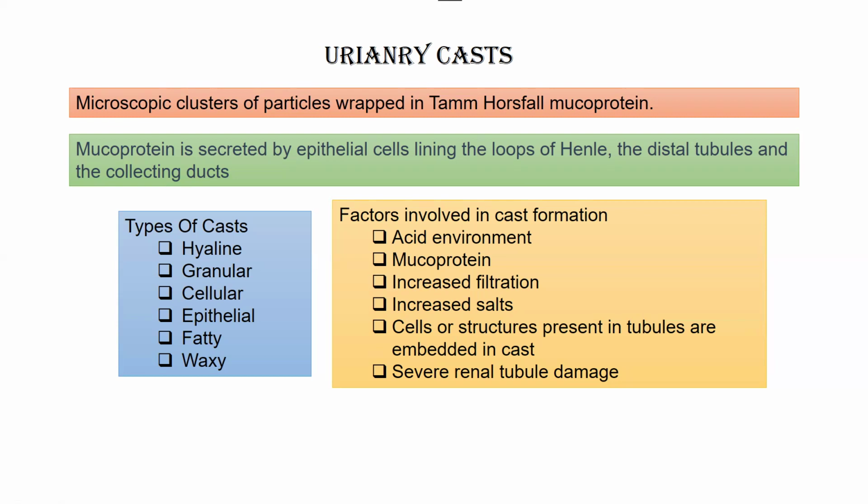Cells or structures that are present in tubules will embed in the cast. So the presence of cells or other structures is itself a factor for the formation of the cast. Then severe renal tubule damage, because when the renal tubules are damaged, more fat or more cells will start to degenerate and appear in the renal tubules and get embedded in the mucoprotein. So these are basically the factors that are involved.